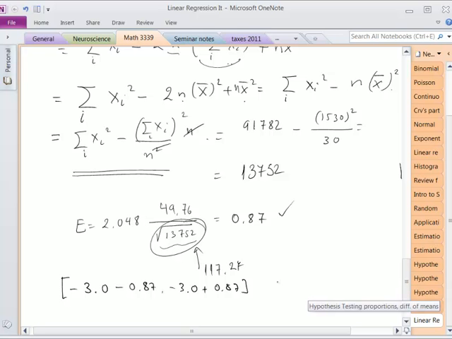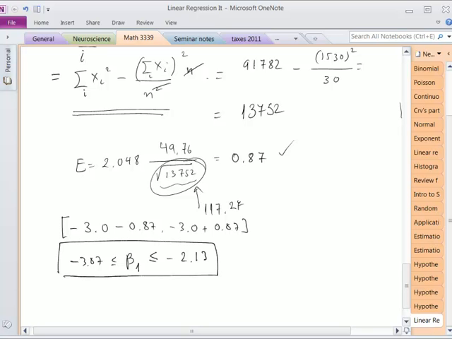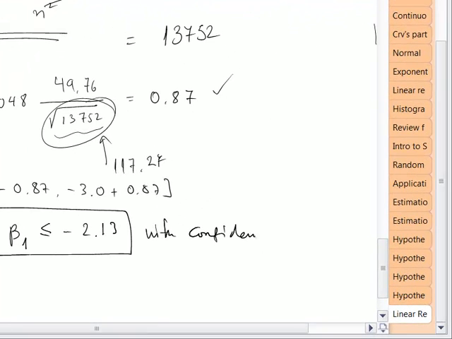So the margin of error for beta 1 is such that the slope should be between negative 3.87 and negative 2.13. So this is the estimation for the true value of the slope with confidence 95%.